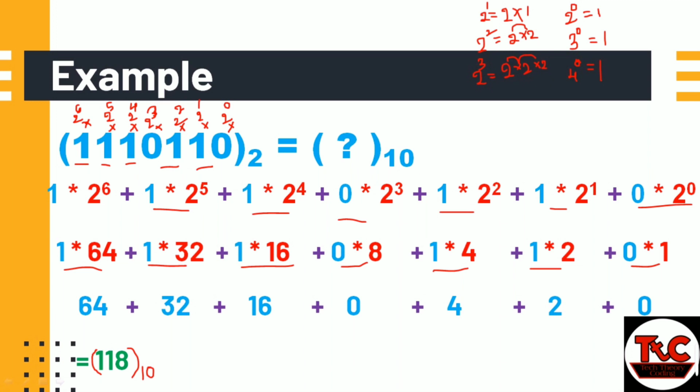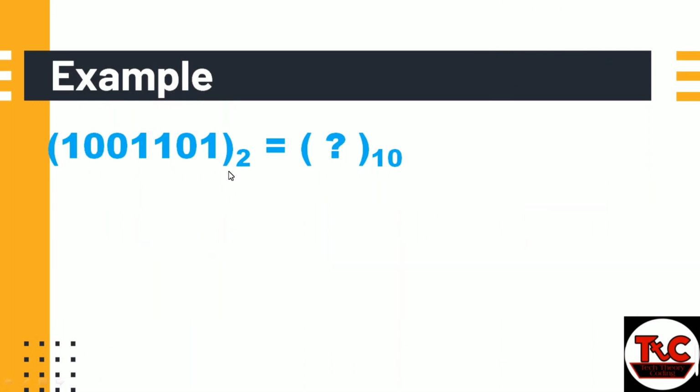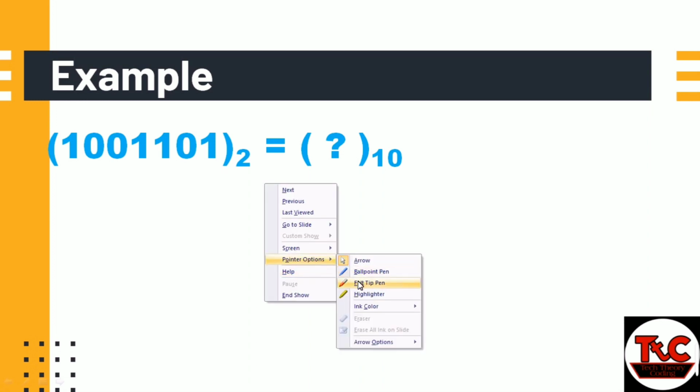Let us take another example. This is the second example that we will solve: 1001101 to the base 2. Here we have to convert this binary number into a decimal number. So what is the first step, students?